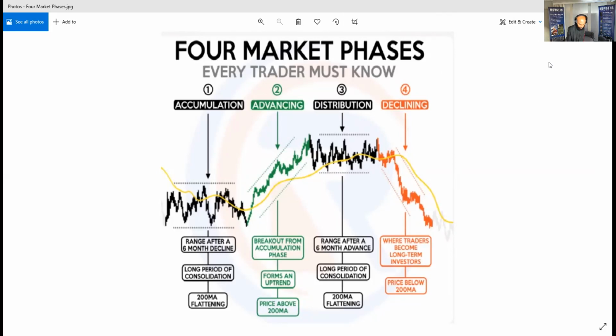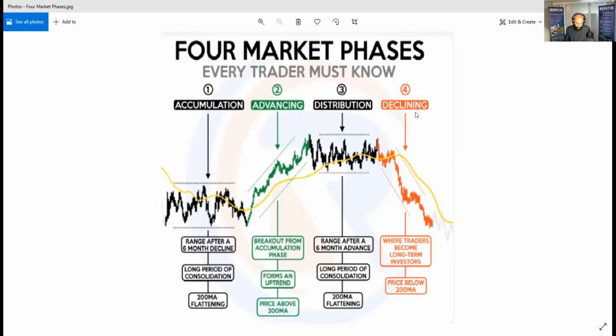Better tomorrow, we're making a bold new energy. All right, guys, let's go ahead and get started. We've got a lot to go over this evening. For those of you who are new, you should see on the screen there the 4 market phases that every trader must know.